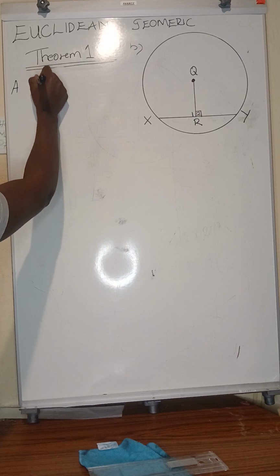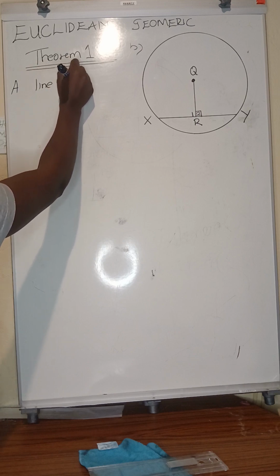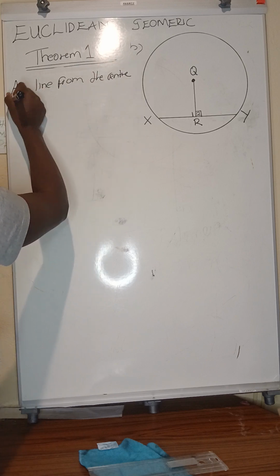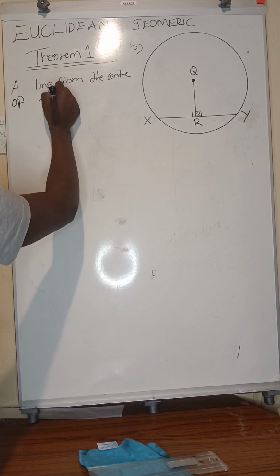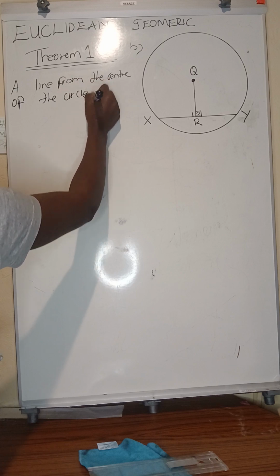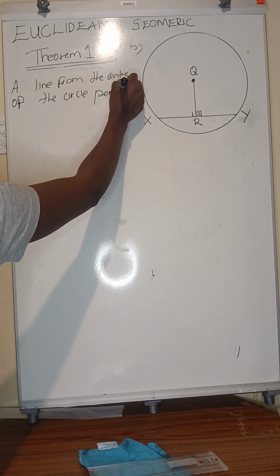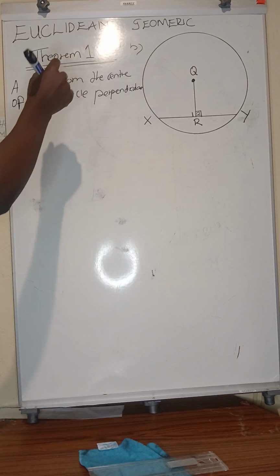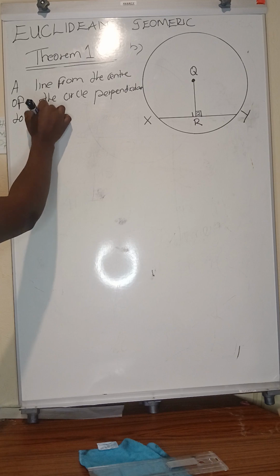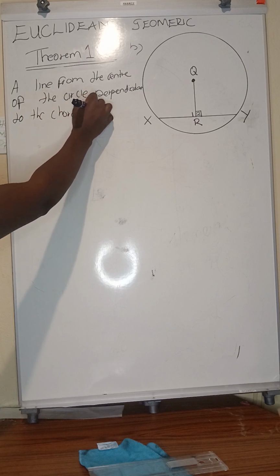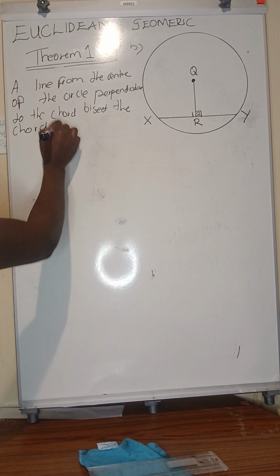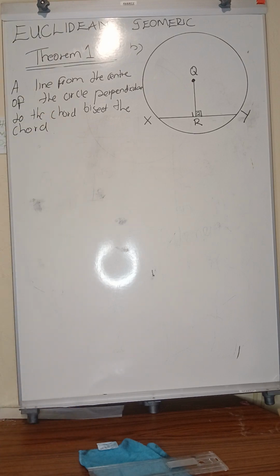A line from the center of the circle perpendicular to the chord bisects the chord. That is the statement of this one.